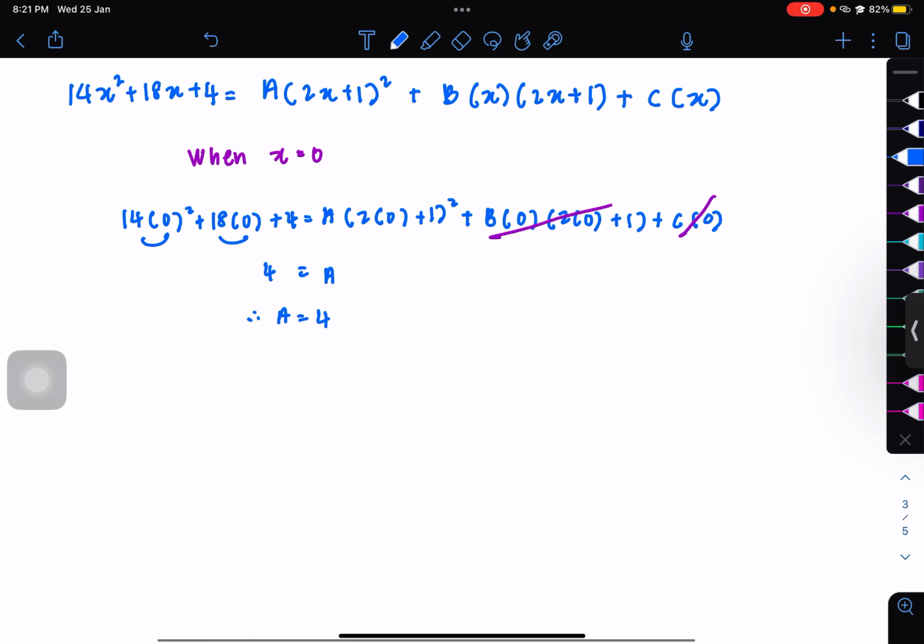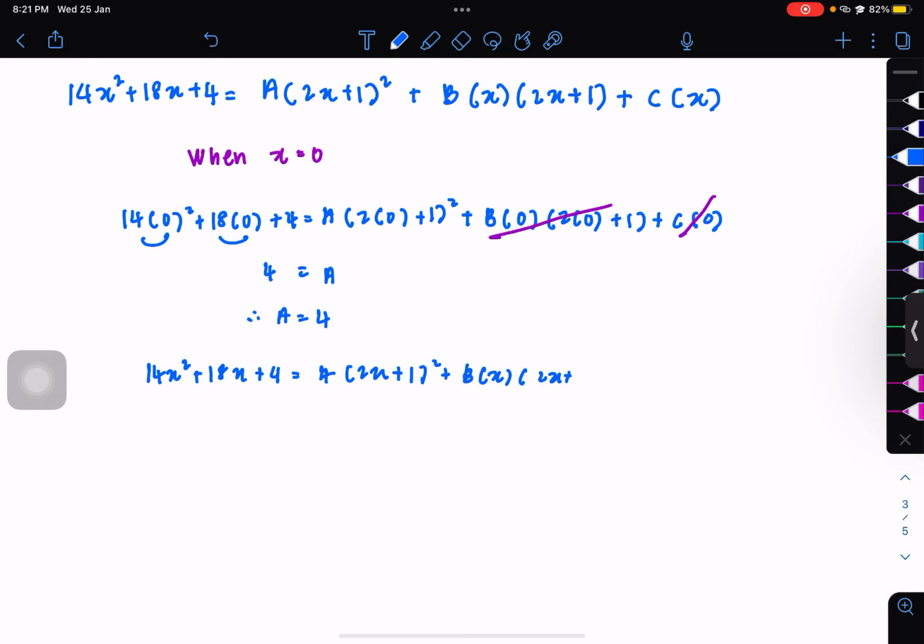So now I will write again this value to the equation that you have already written. 14x squared plus 18x plus 4 is equal to 4(2x plus 1) squared plus Bx(2x plus 1) plus Cx.